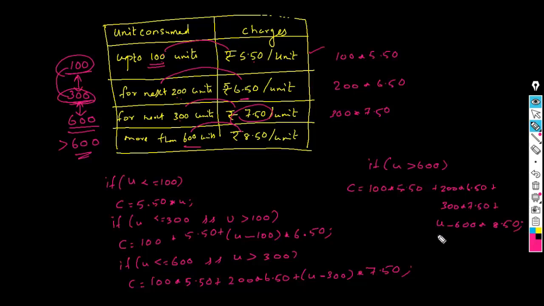So this is how I do, and then I will be printing the charges and the number of units consumed. Got it? So this is how we solve any slab based program.